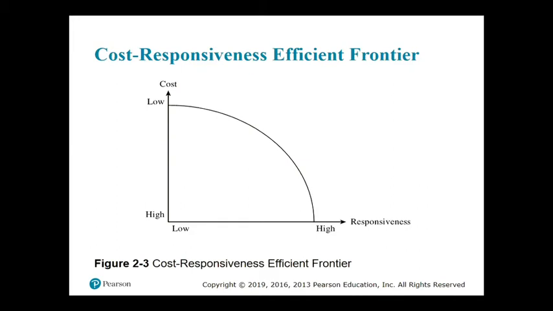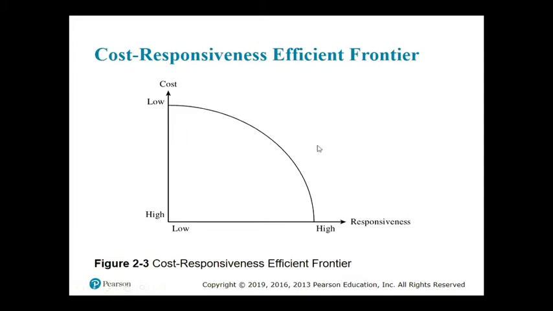So this cost responsiveness efficient frontier will look something like this graph. And of course it varies depending on the specific application, but the idea is as we increase cost, going from low to high, we'll tend to see higher responsiveness. And if we reduce responsiveness, then we can also reduce cost.